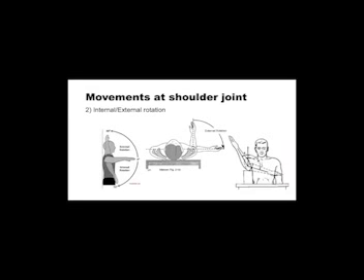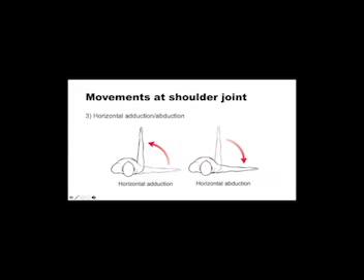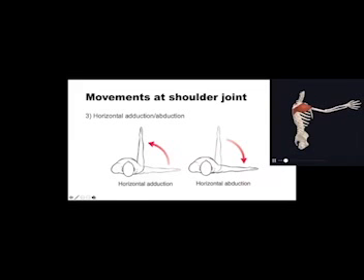We'll talk about it when we talk about abduction. With internal rotation, the scapula has to tilt forward, and with external rotation, the scapula has to tilt backward. So again, you can't really separate the movement of the scapula and the movement at the glenohumeral joint.